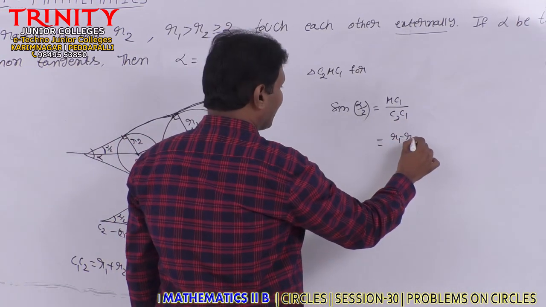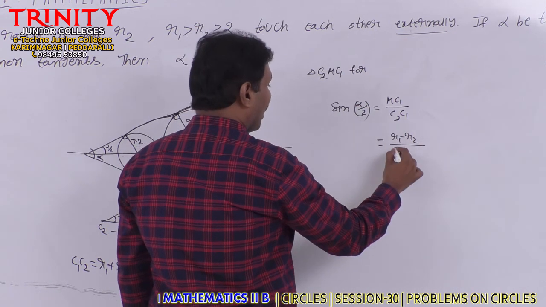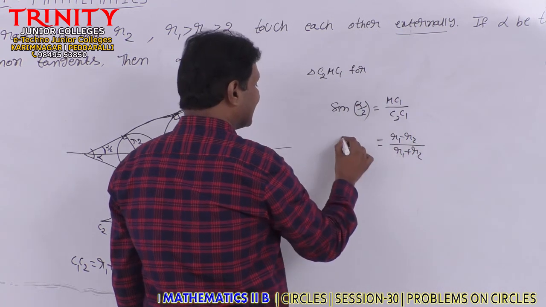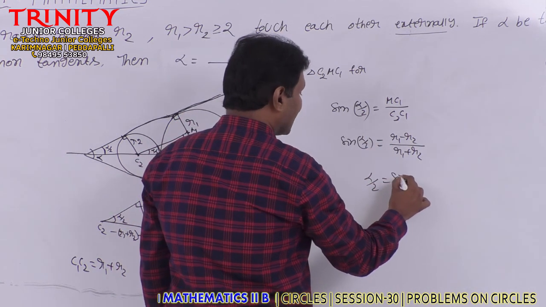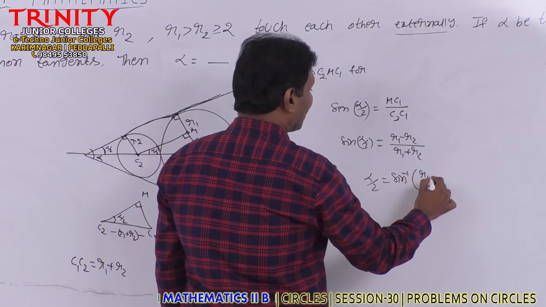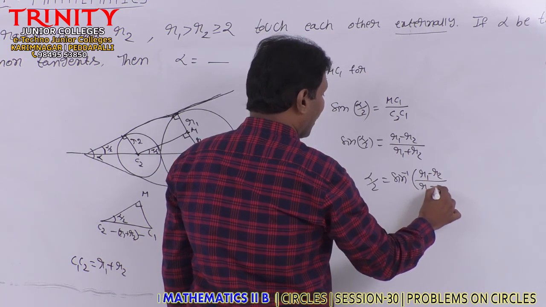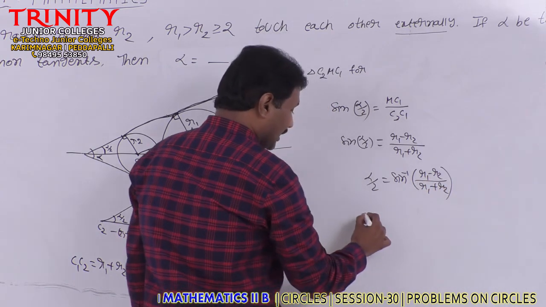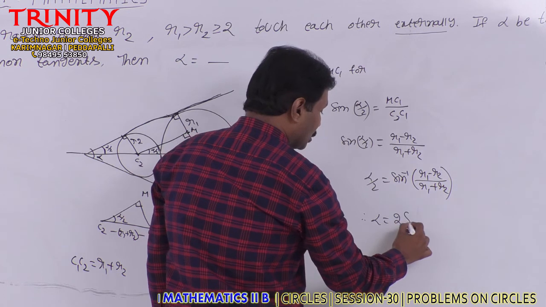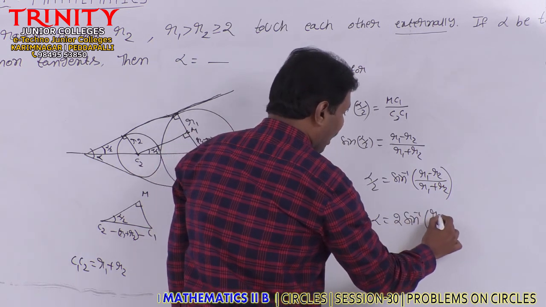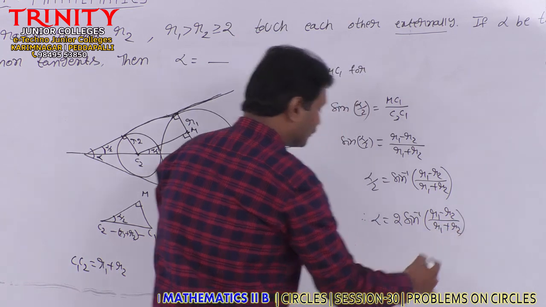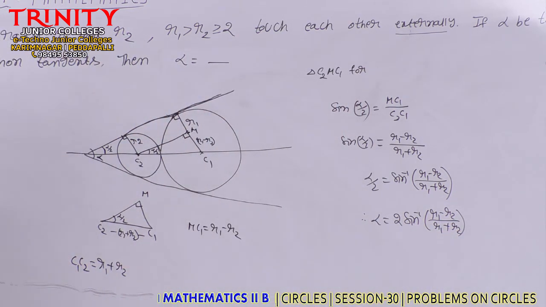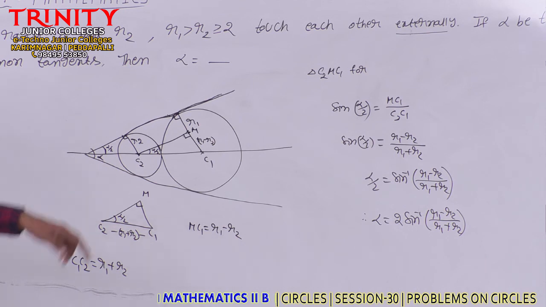MC1 is R1 minus R2. So sin alpha by 2 equals R1 minus R2 by R1 plus R2. Alpha by 2 equals sin inverse of R1 minus R2 by R1 plus R2. Therefore, alpha equals 2 sin inverse of R1 minus R2 by R1 plus R2.